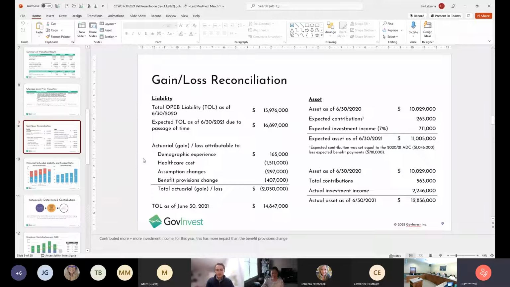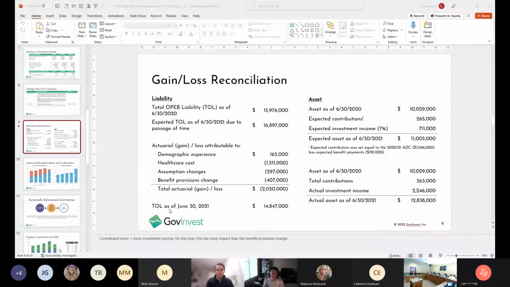There will be a slide later on where we actually project the liabilities forward 10 years, and then you will see that the impact of the benefit changes becomes more pronounced in the future. Any questions?